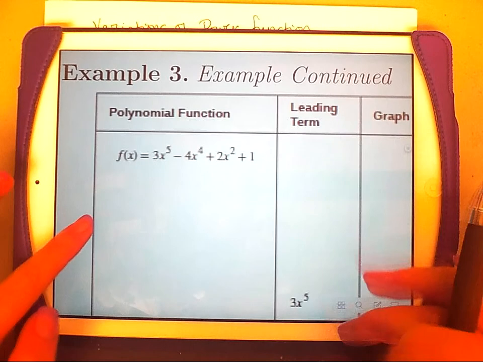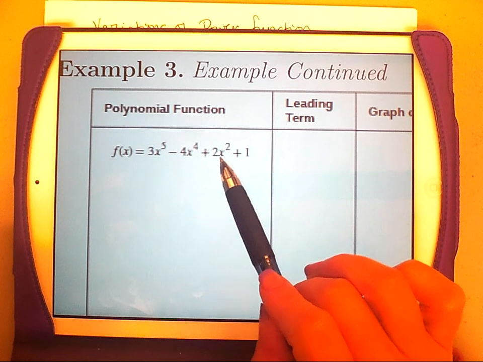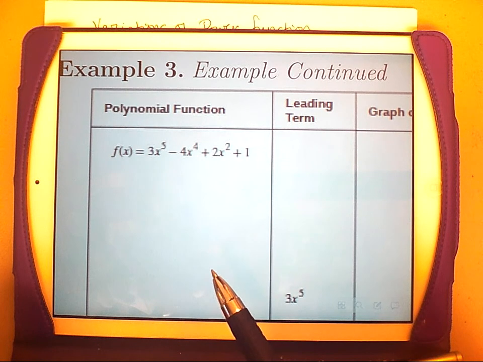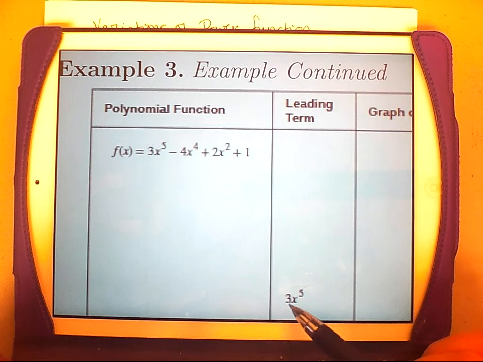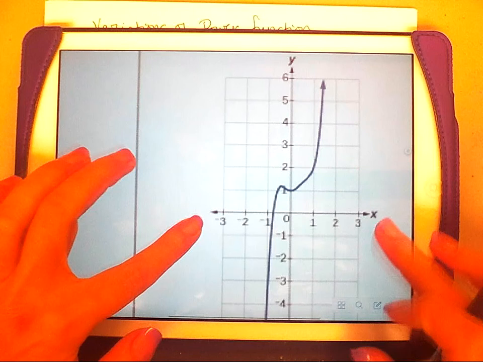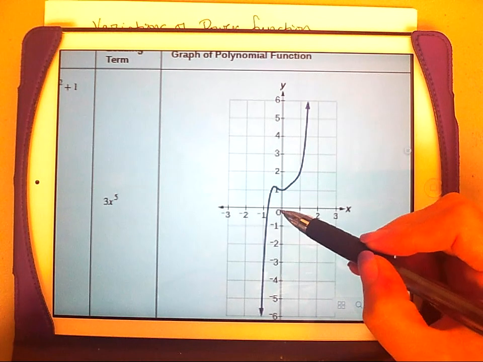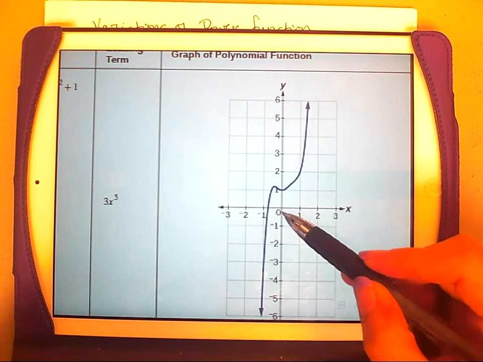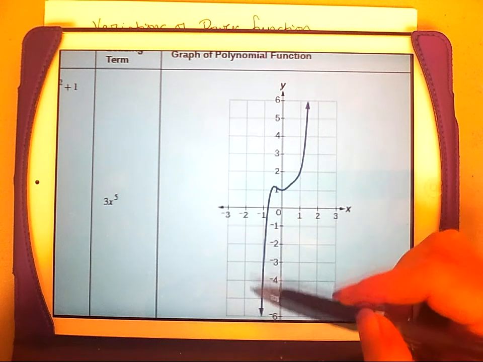Here's another polynomial, 3x to the 5th, and then we've added a couple other terms to it. Now the leading term is 3x to the 5th, so it is a positive coefficient with an odd degree. And when you look at its graph, it is very similar to the graph of x to the 5th. x to the 5th would look just like so.